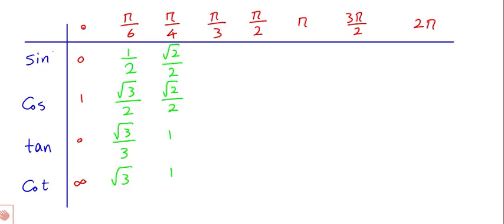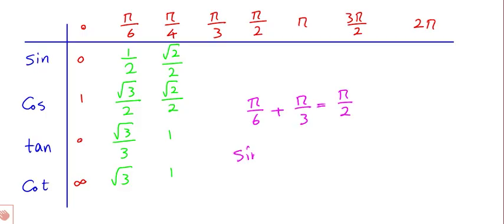Pi over 3. Sine of pi over 3 is equal cosine of pi over 6 because pi over 6 plus pi over 3 is equal pi over 2.